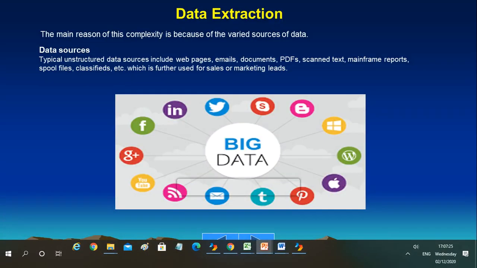The main reason for this complexity is the varied sources of data. We have already discussed that data comes from different sources, and these data sources are typically unstructured. Data sources include web pages, emails, documents, PDFs, JPGs, scanned text, whatever. So all these types of data are possible, which are further used as sales or marketing leads.